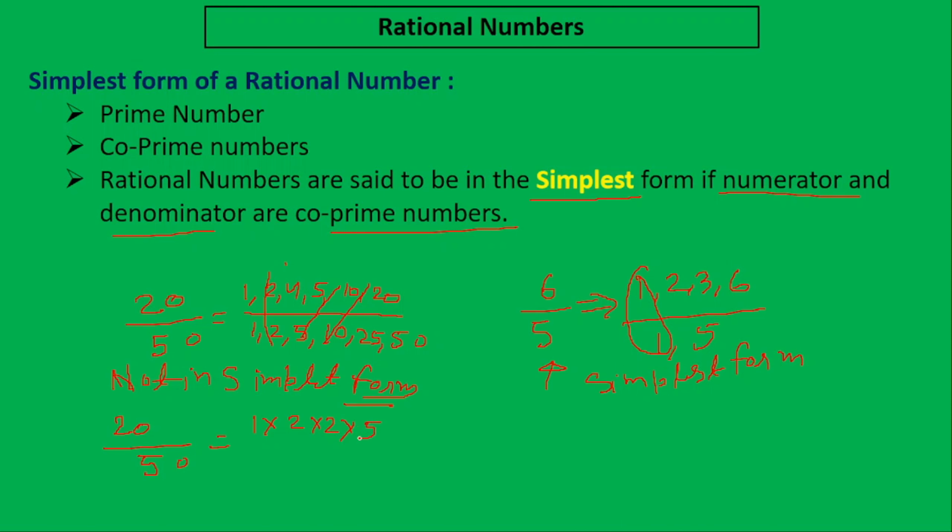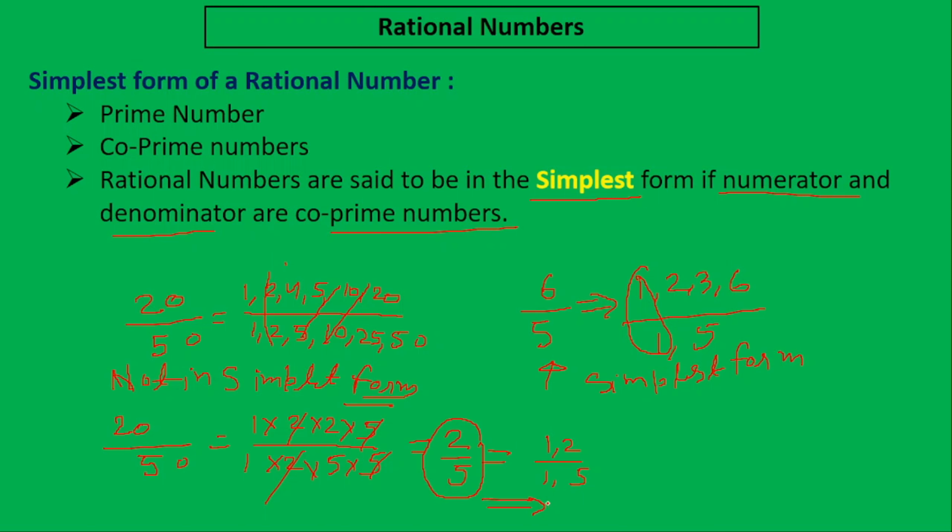So 20 by 50, you can write that as 2 cross 2 cross 5 over 2 cross 5 cross 5. That is factorization, I will touch upon this also. I am just showing it here for example, and you can cut the common 2 and 5. Now it becomes 2 by 5. Now this is the simplest form. You can look at their factors: 1 and 2, 1 and 5. The only common factor is 1.